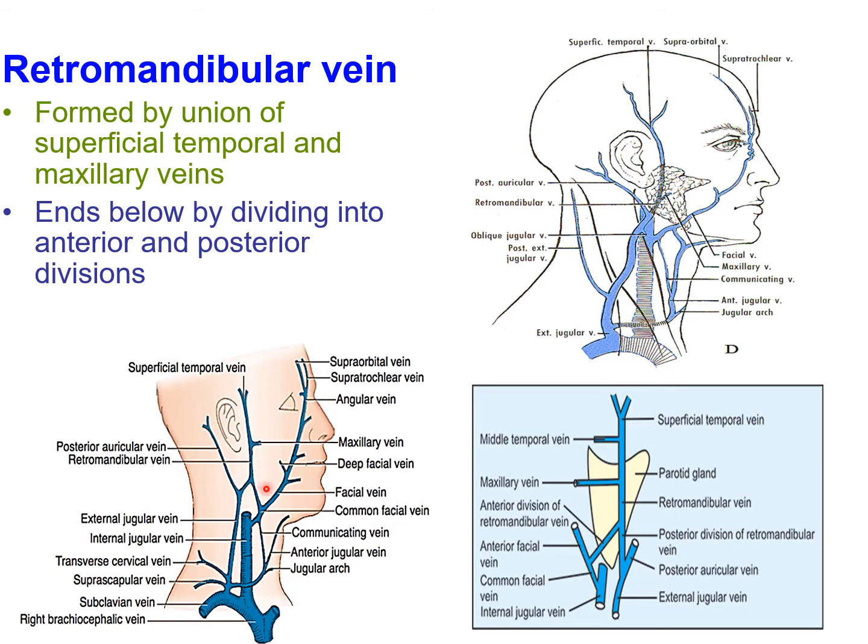The anterior division joins with the facial vein to form the common facial vein draining into the internal jugular vein. The posterior division of the retromandibular vein joins with the posterior auricular vein to form the external jugular vein.